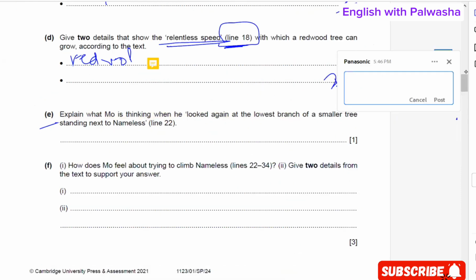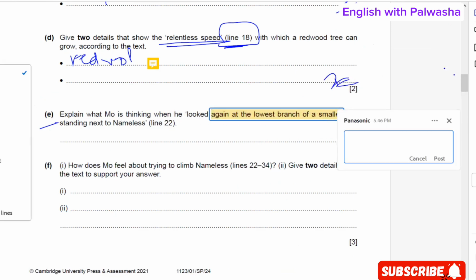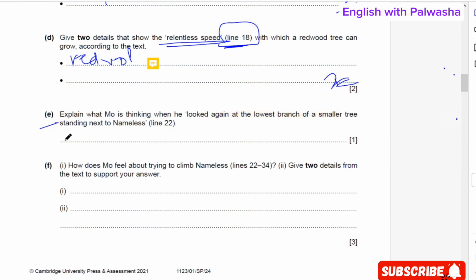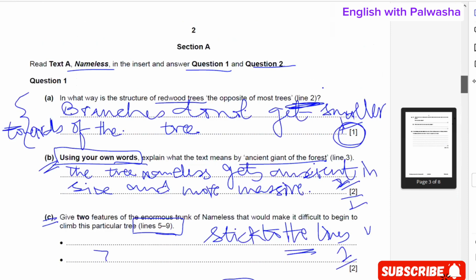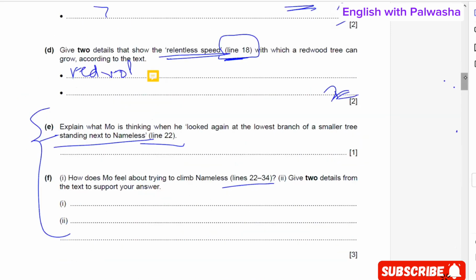Then we have: explain what Mo is thinking when he looked again at the lowest branch of the tree, the model tree standing next to Nameless. So these are the details they're asking us, mentioning the lines as well. I think you have a great margin to write because you might have done things like this in previous years, comprehensions from a lower grade.